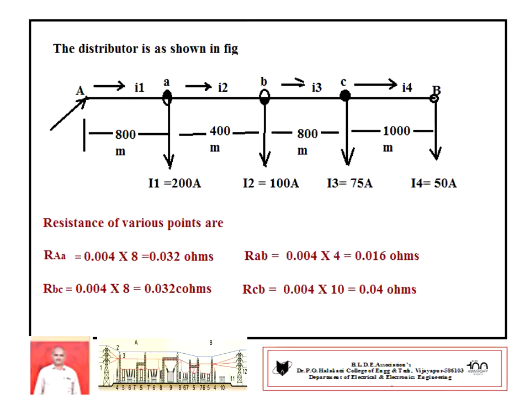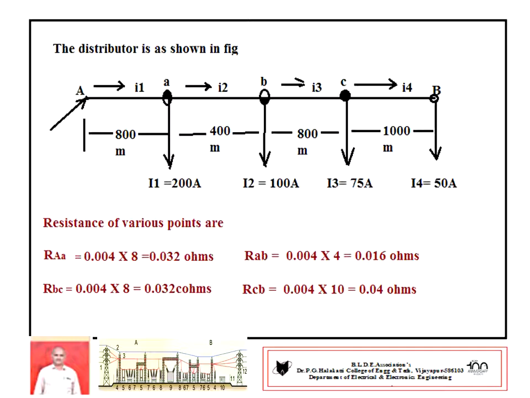Similarly, for the second section, A to B: what is the length? 400 meters. The resistance is 0.04 per 100 meters into 400, a multiplication by 4, so it becomes 0.16 ohms.